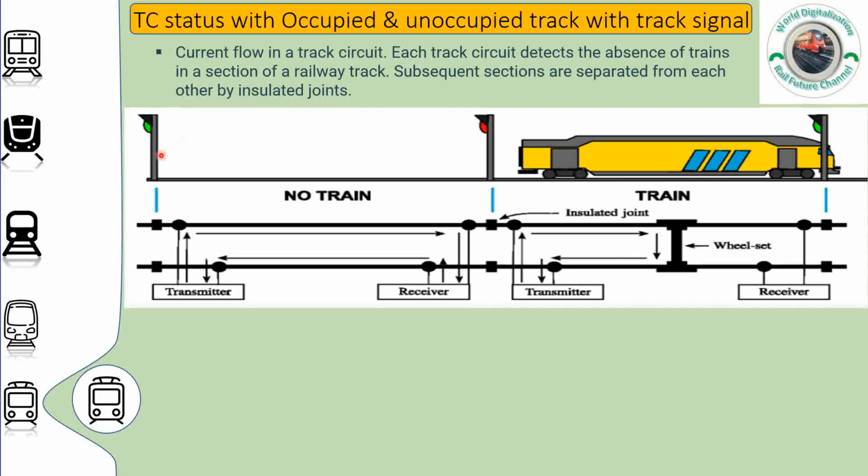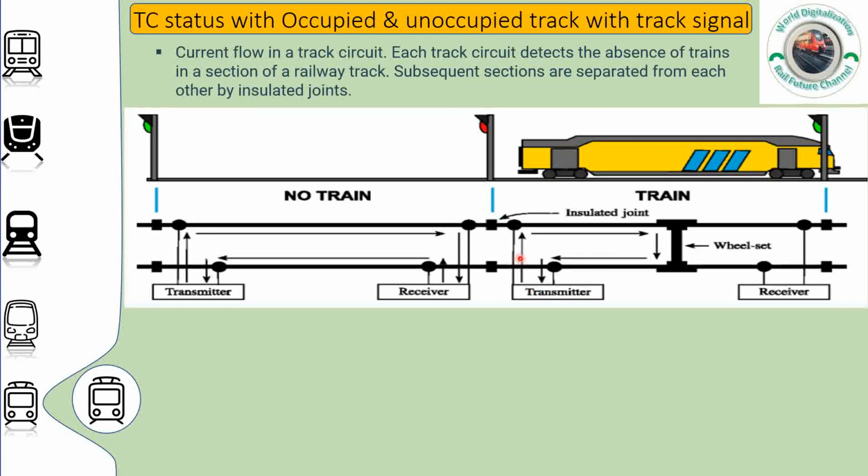We have a green light because we have a route set for the other train coming. So when we have a clear track circuit, we can set the route. The second track section here is occupied. We have a short circuit over the track circuit here because there are axles or a wheel set inside the section.